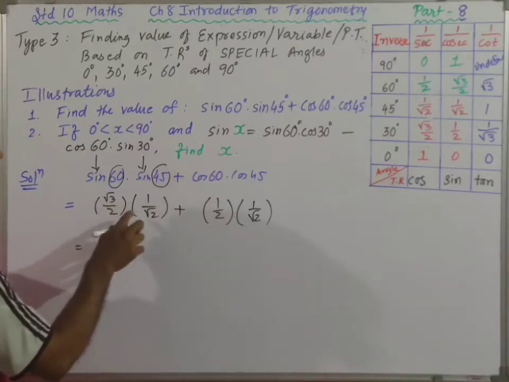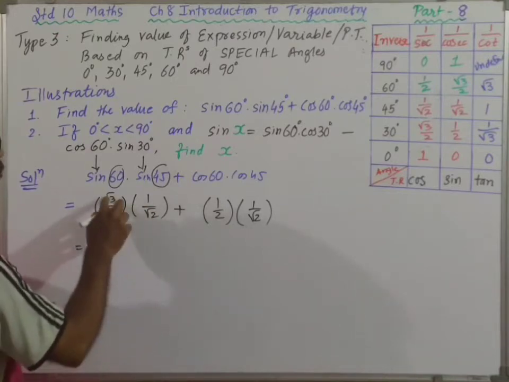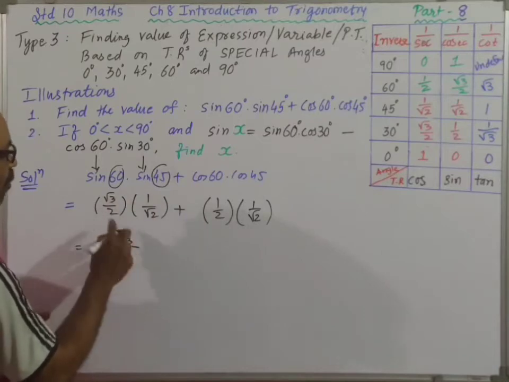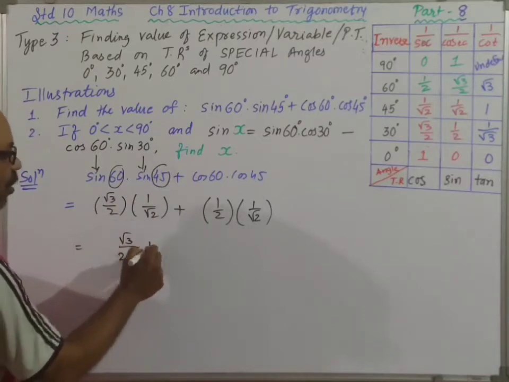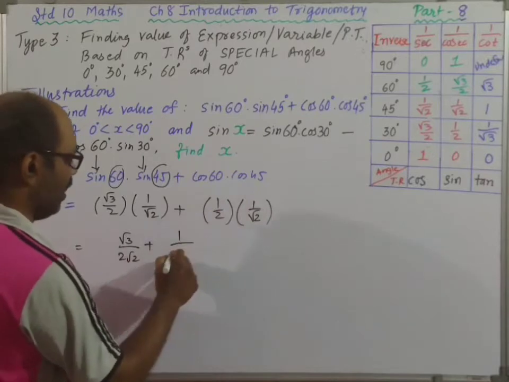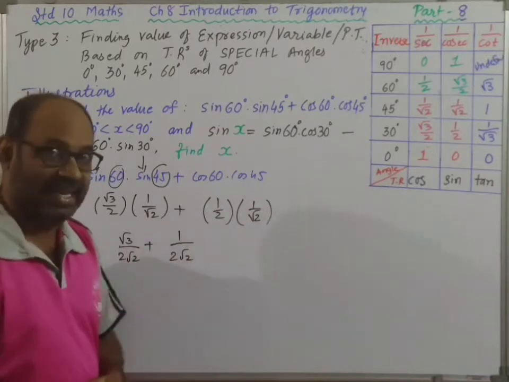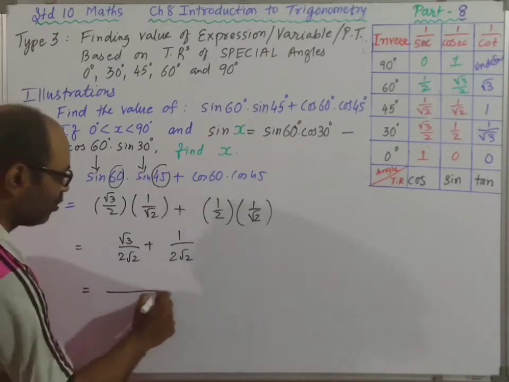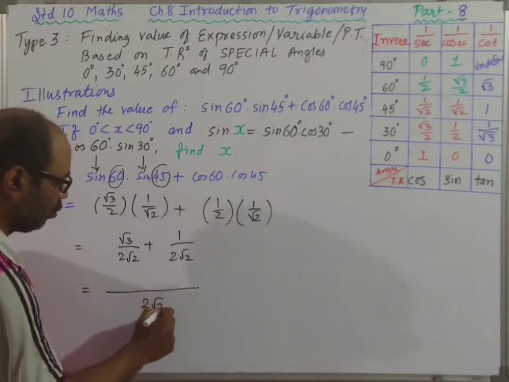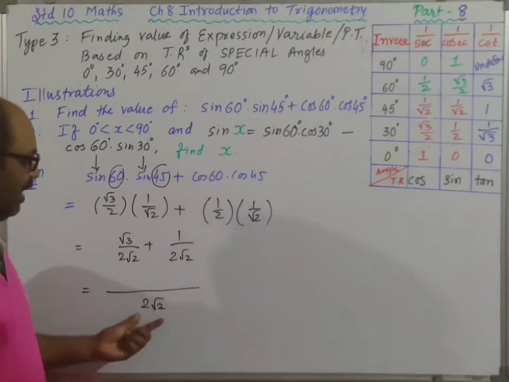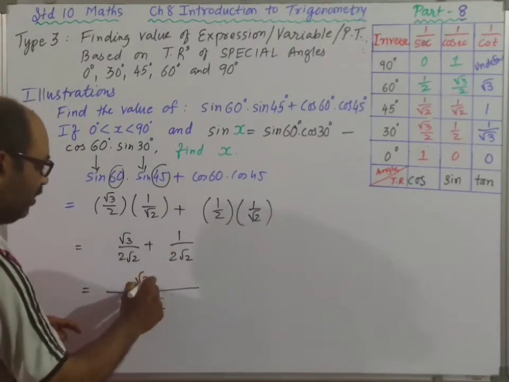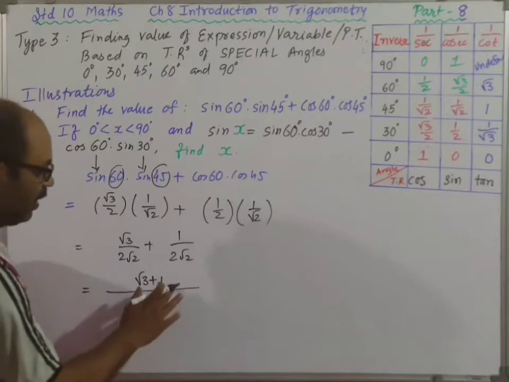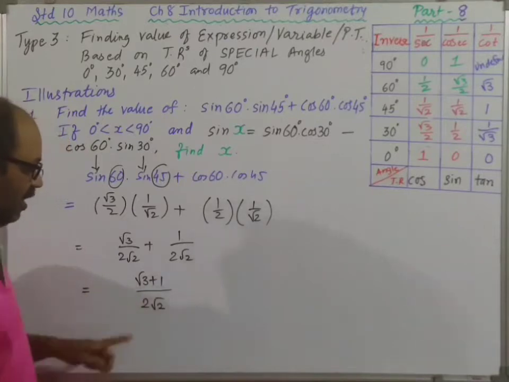If you want, you can cancel something, but there's nothing to cancel. So root 3 ones are root 3 upon 2 into root 2 plus 1 ones are 1 and 2 root 2. We are lucky in the sense denominators are the same. So like denominator 2 root 2. When it is like denominator, straight away you can write root 3 plus 1. Correct? Now you can rationalize.